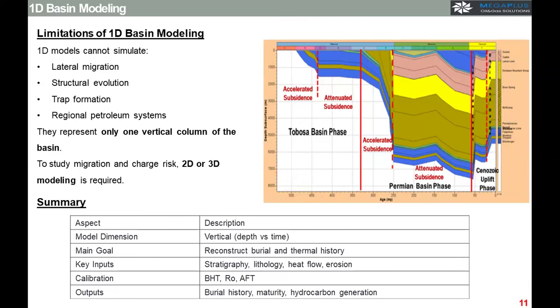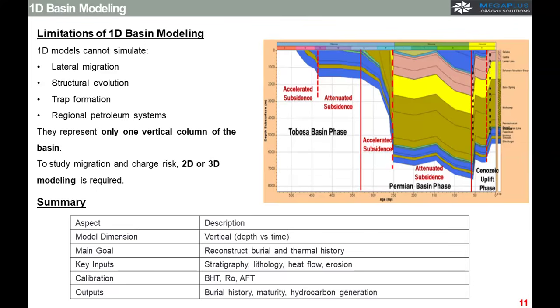You cannot see any of these points because it's a 1D model. You can detect trap formation and the regional petroleum system by using the 2D and 3D model.